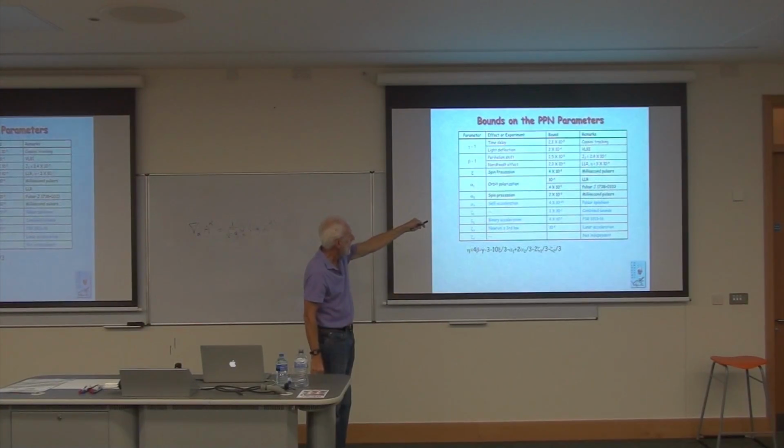And looking for the excess delay as the tracking signal between us and the spacecraft passed close to the sun, the curvature of space-time can cause an excess delay, and that was measured, and the limit on gamma is a few parts in 10 to the 5.